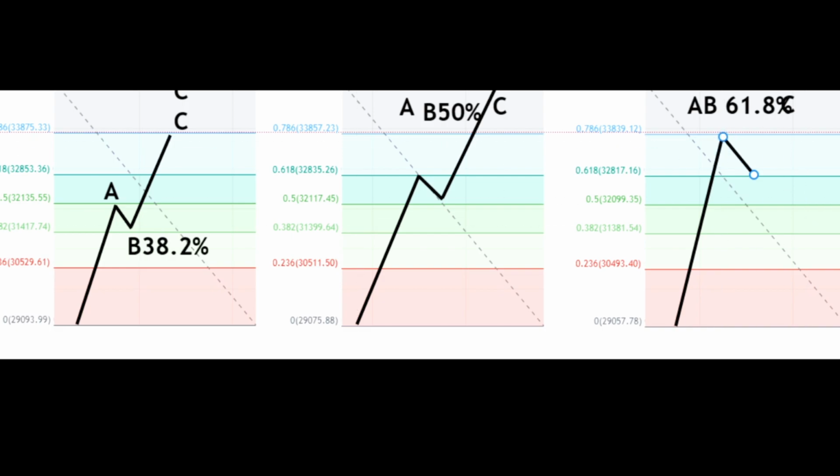The half level will be at $12.50: $15 minus $5 times 0.5 equals $12.50.